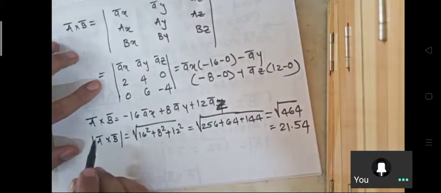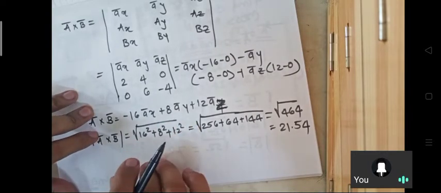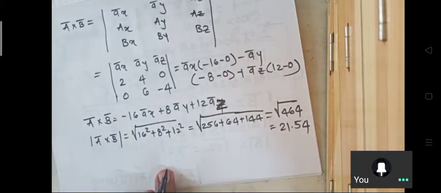Okay. Now we know that we have to use this formula: mod of a bar cross b bar is equal to ab sine theta.